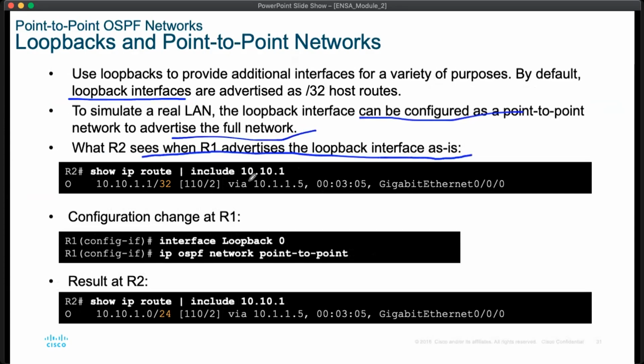Then configure at R1: go to config mode, interface loopback 0, and ip ospf network point-to-point. The result at R2: show ip route, pipe include 10.10.1. Now you can see the link between loopback and point-to-point.